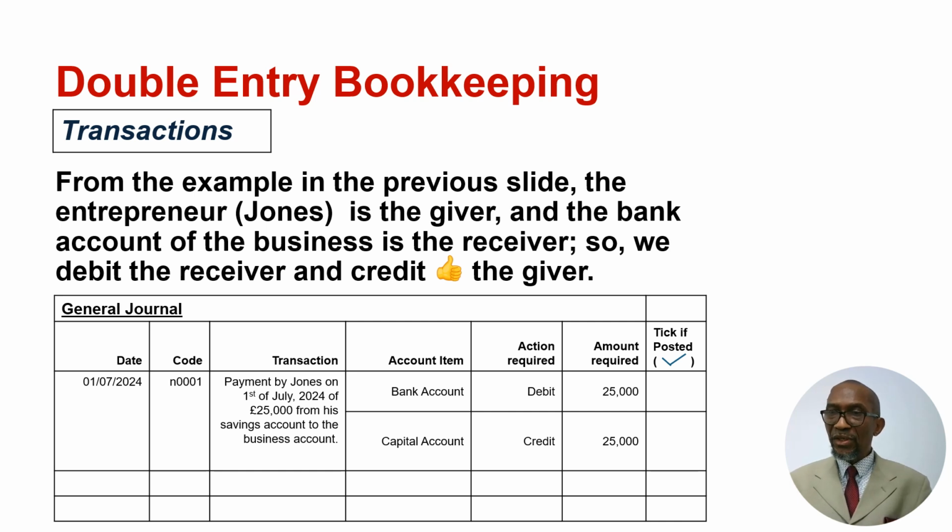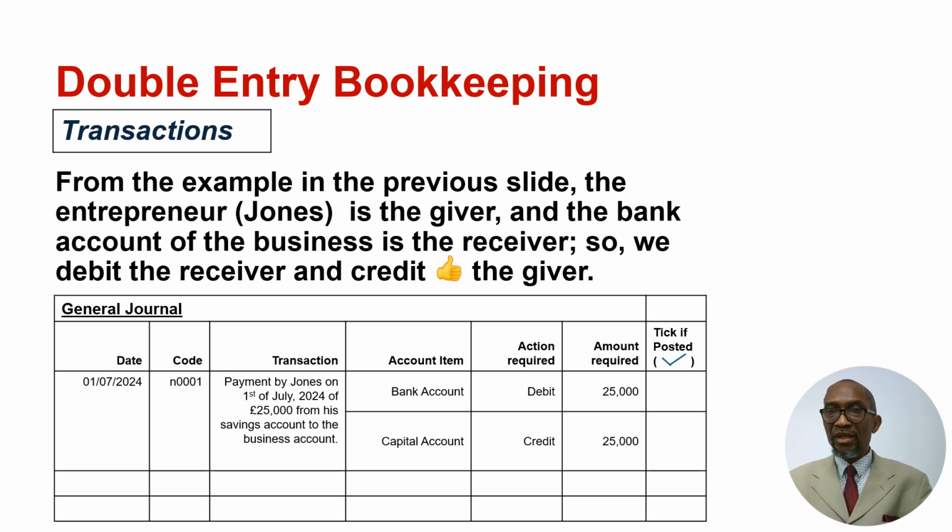We say thank you, give a thumbs up to the giver and credit them, and then we debit those receiving the benefit, the value. Now, looking at Jones' transaction, a typical general journal will look like this.